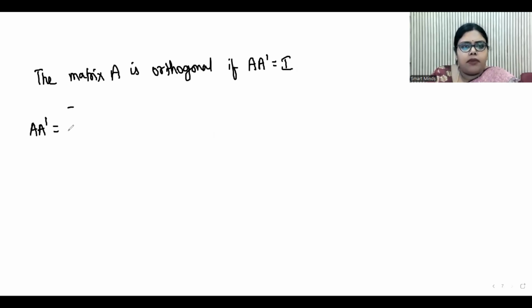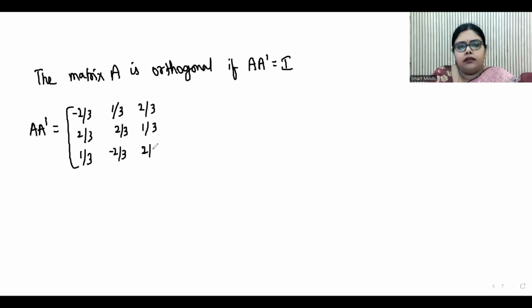So what is A matrix? We will write it down. Minus 2 by 3, 1 by 3, 2 by 3, 2 by 3, 2 by 3, 1 by 3, 1 by 3, minus 2 by 3, 2 by 3 into A dash.